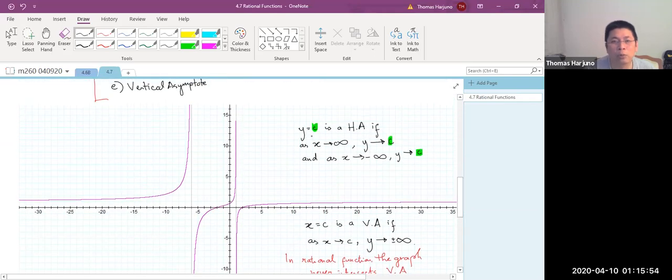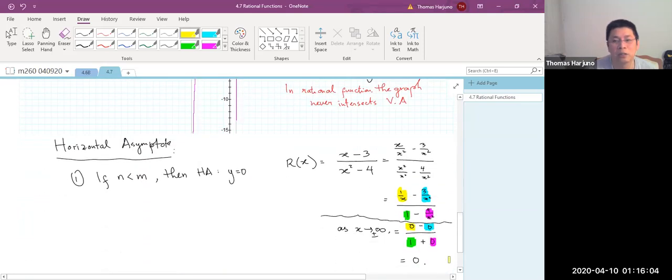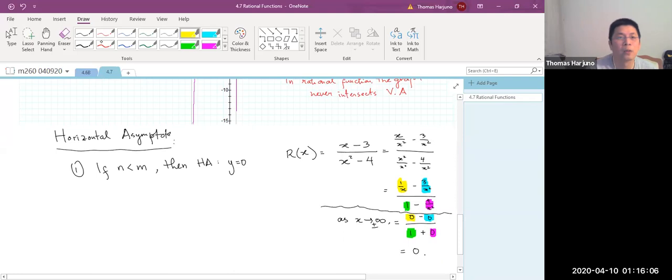When x goes to positive infinity, or when x goes to negative infinity, the y value approaches that number c, and in this case the number c is 0. So you can remember, if the degree on the top is less than the degree at the bottom, then the bottom will go to infinity faster. Eventually the ratio goes to 0.